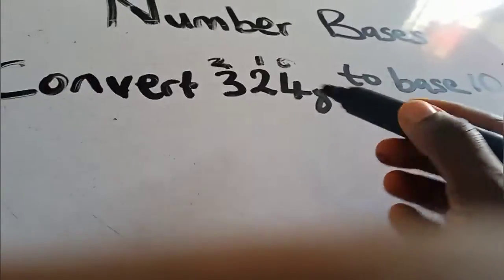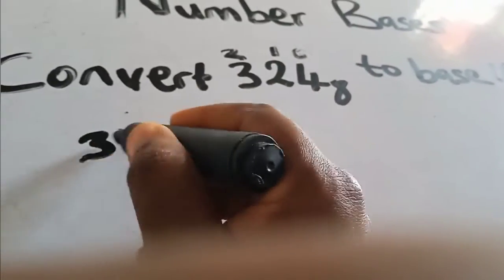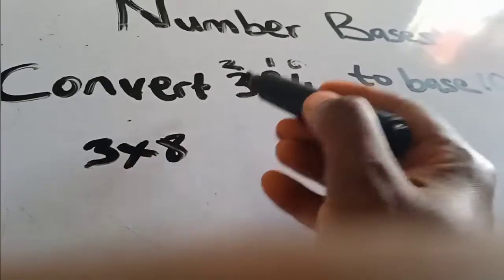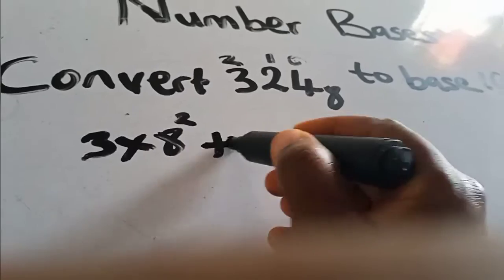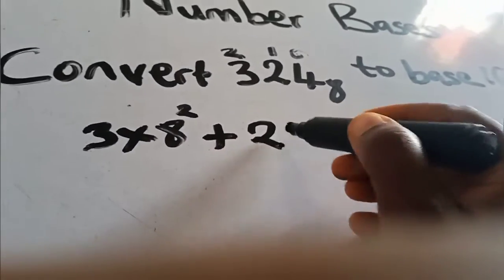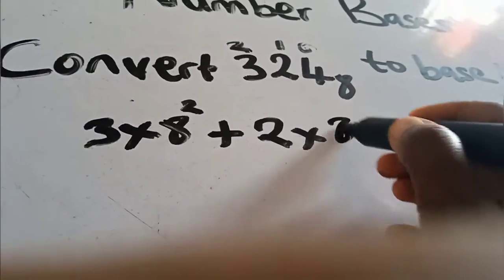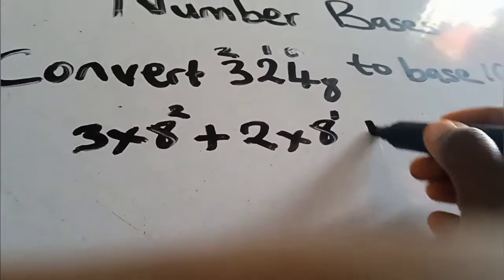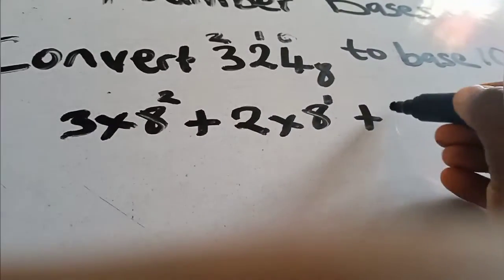Use each digit as we did before. We have 3 times 8 raised to the power 2, plus 2 times 8 raised to the power 1, plus 4 times 8 raised to the power 0.